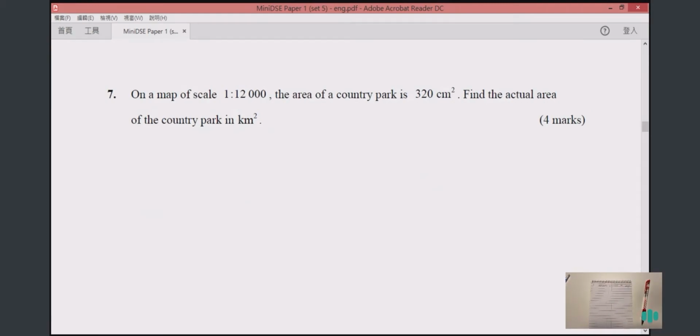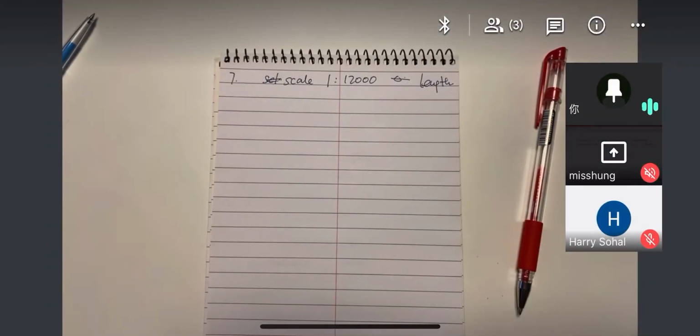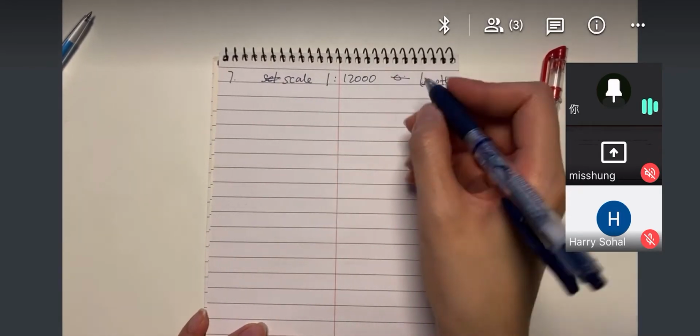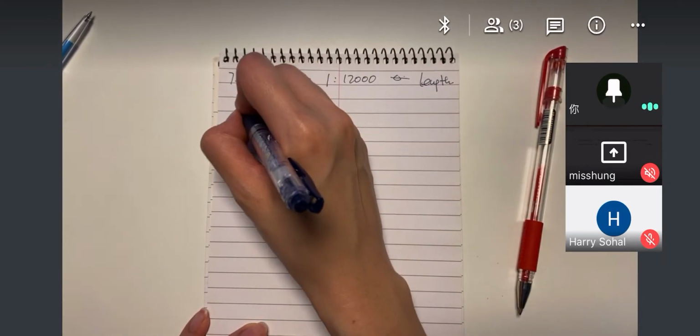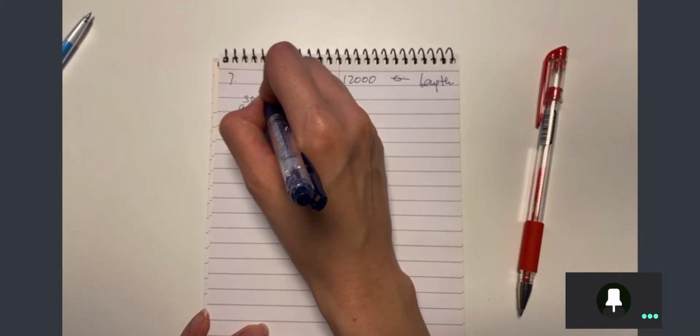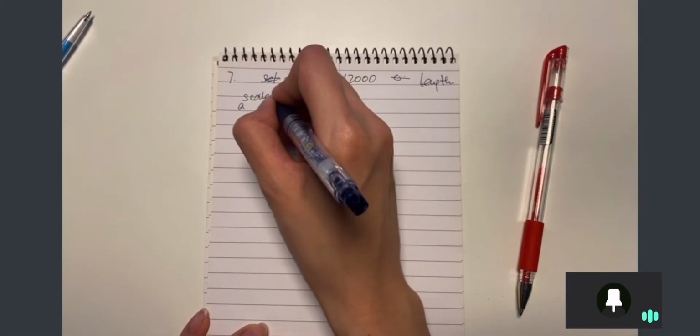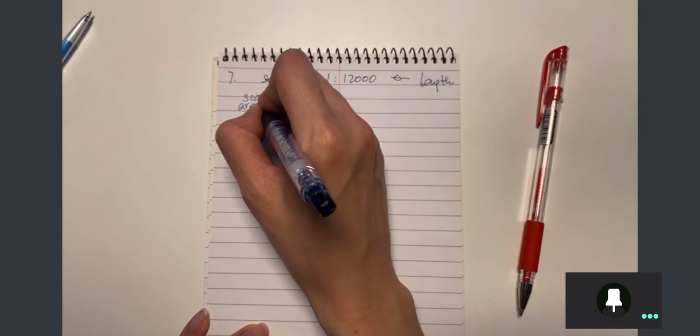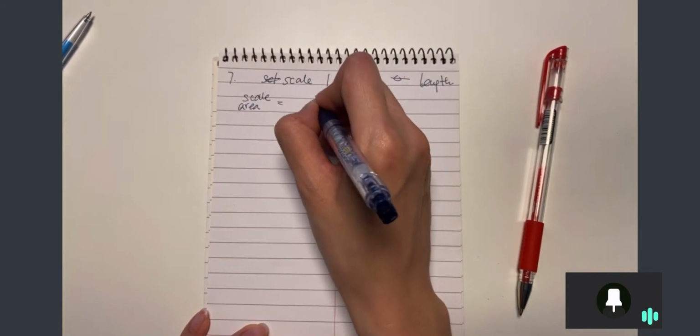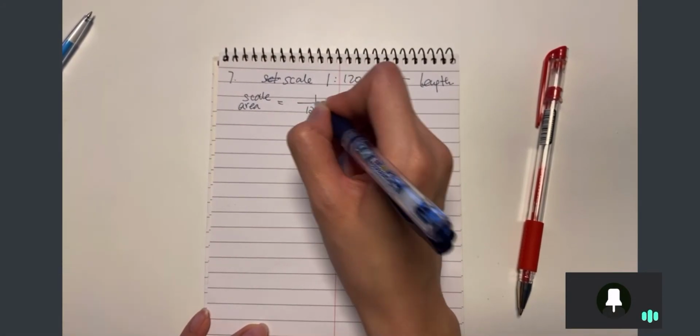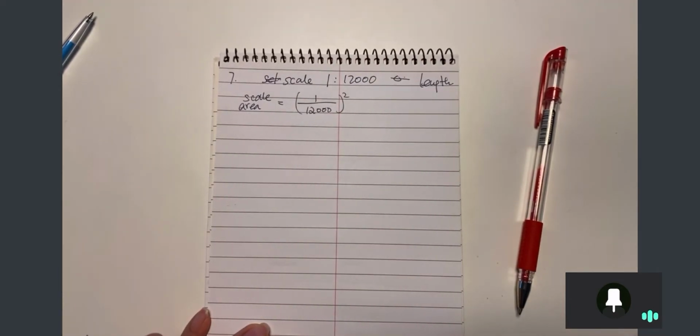If I need to find out the area, I need to find out the scale in area. So the fraction scale about area will be equal to 1 over 12,000 and then square.